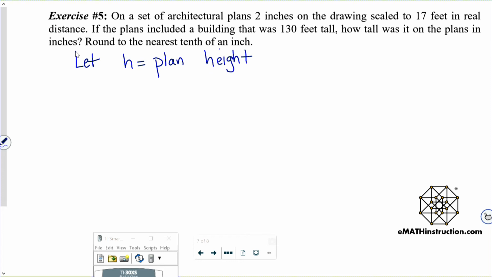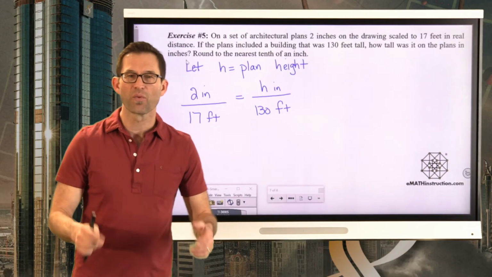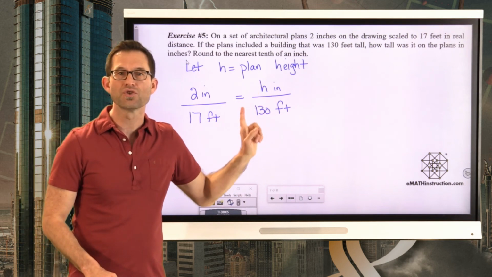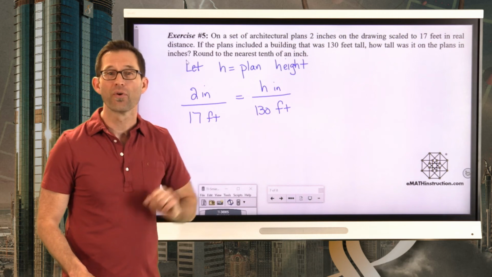Now, what I know is that if I take 2 inches and divide it by 17 feet, that would have to be equal to h inches, because that's what I'm looking for, divided by 130 feet. Again, it's just that constant ratio: 2 inches to 17 feet equals h inches to 130 feet.